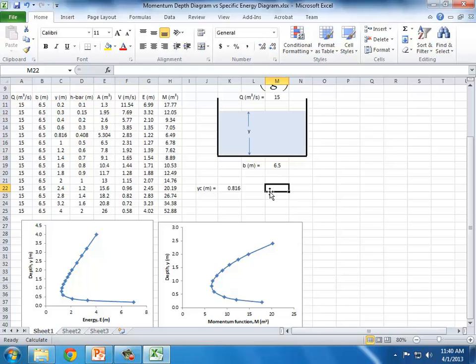When we've looked at specific energy diagrams in the past, what kinds of problems were we solving with the specific energy diagram, where the specific energy diagram is this one that has energy and depth? Remember what types of problems those were? The water elevation changes. Okay, elevation change.